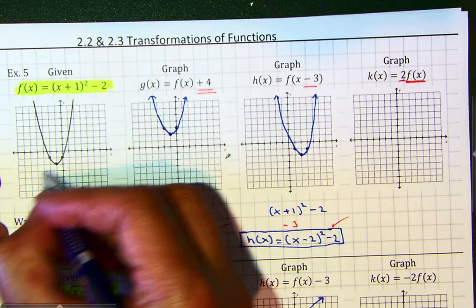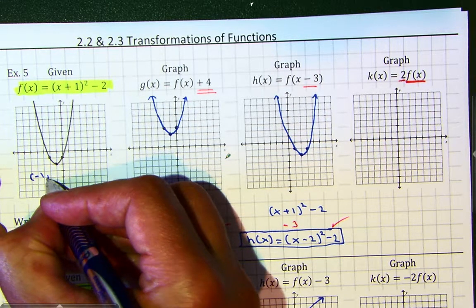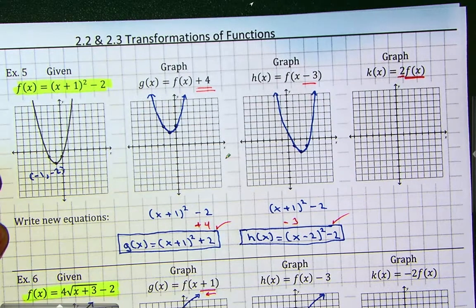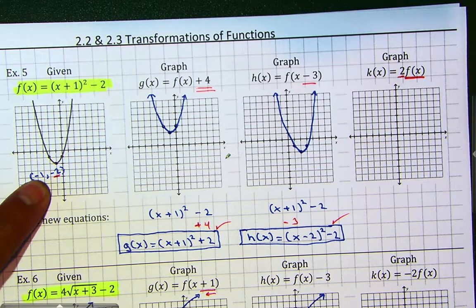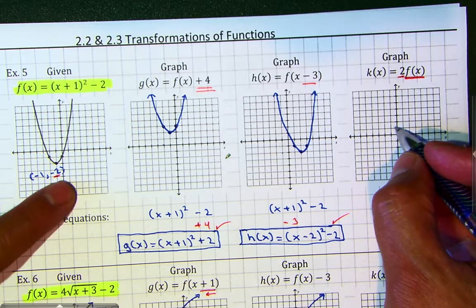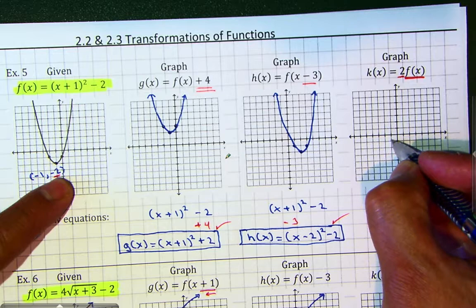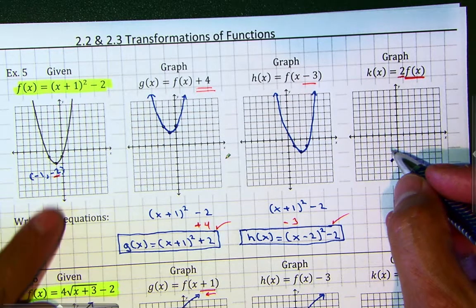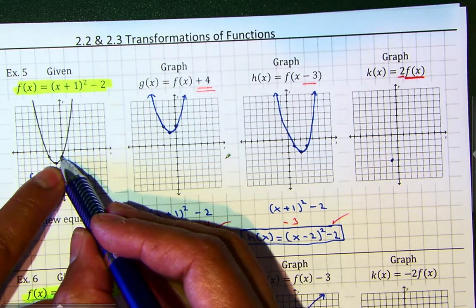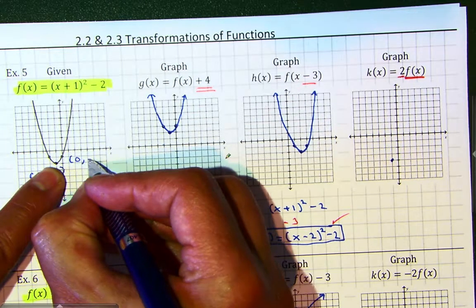This point here is located at -1 and -2. And I'm going to multiply it by 2. So now it's going to be -1, -4. 1, 2, 3, 4. It got stretched. This point here, it was 0, -1.